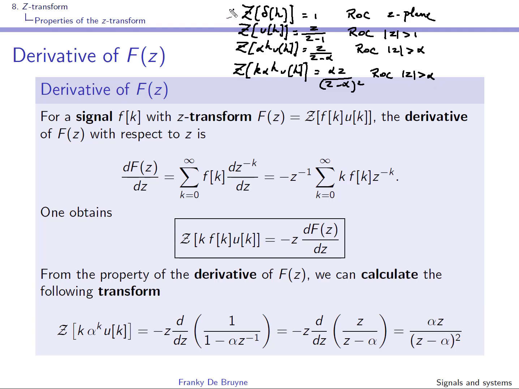Okay, so these are the z transforms that you're likely to encounter in the exercises. Do not forget that for a sequence of finite support, it might be interesting to simply use the definition of the z transform, which is the sum when k ranges from 0 to infinity of f[k] z^(-k).